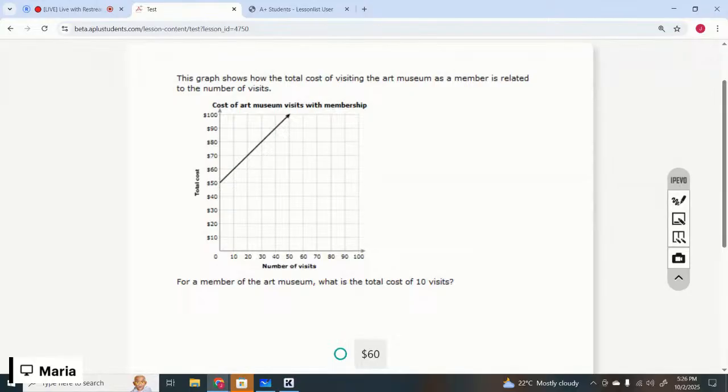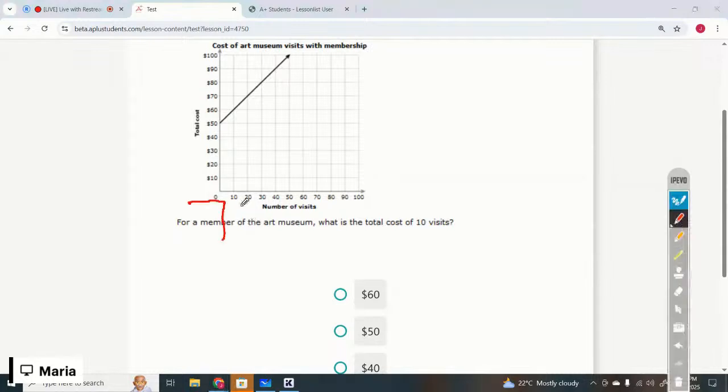Okay, this graph shows how the total cost of visiting the art museum as a member is related to the number of visits. For a member of the art museum, what is the cost of 10 visits? The number of visits is on the x-axis, so 10 visits is here.